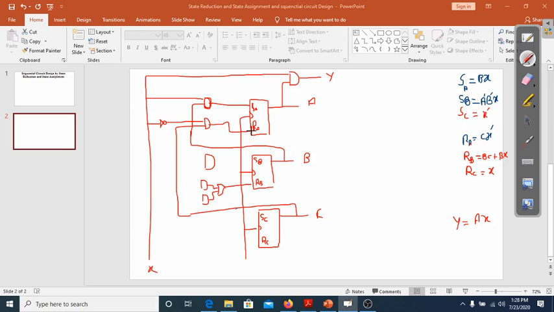Next for SB, this is A complement B complement into X. So I need a 3 input AND gate.